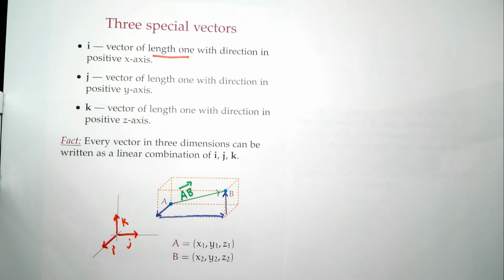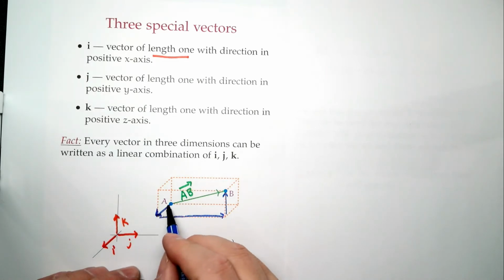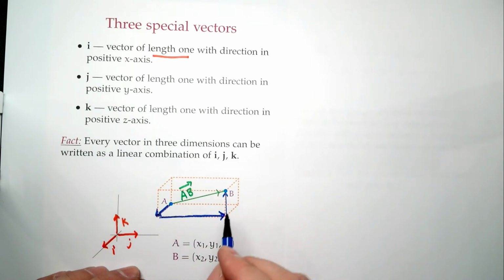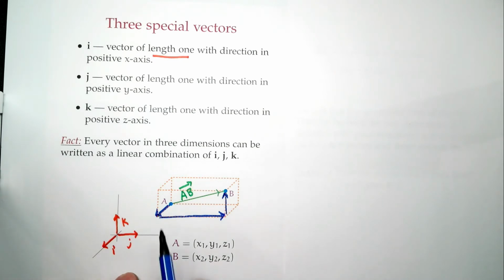If I move along those 3 edges, you'll notice, where do I start? I start at A, and I end at B. So these 3 vectors combined together are the same as AB. So if I can find out what these 3 vectors are and add them together, then I'll be good.